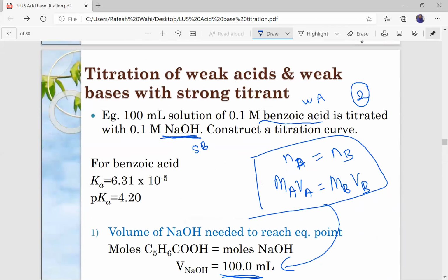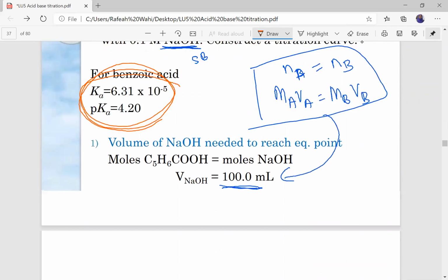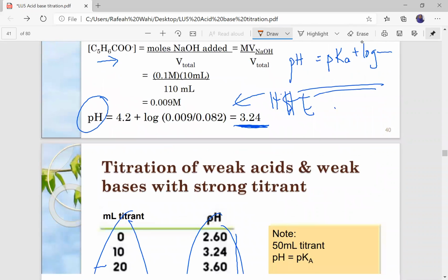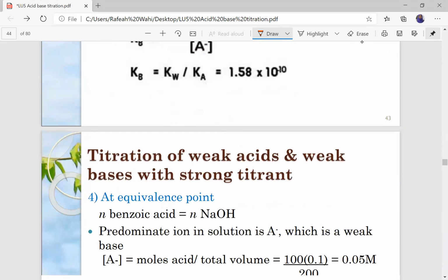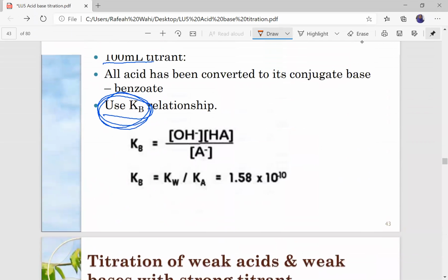Okay. If you look at the question here, it's giving you Ka and pKa. So, how do you get Kb? You get Kb from the expression Kw equals Ka Kb.